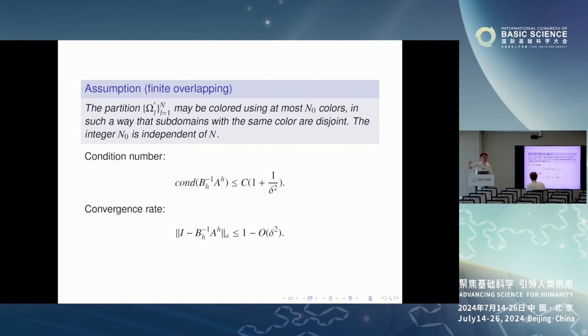For example, with 1,001 subdomains, N0 may be just 3 or 4 colors. We can prove the condition number is exactly C times 1 plus 1 over delta square, where delta is the overlapping size I just showed you. The convergence rate is like this for the multiplicative case.